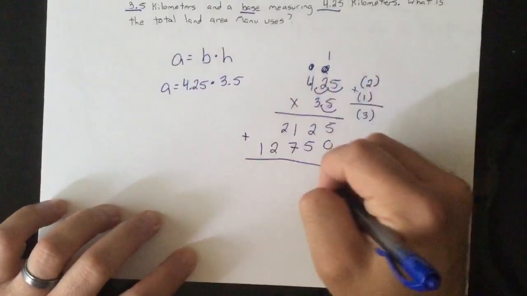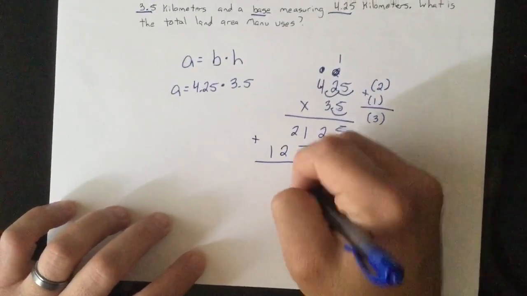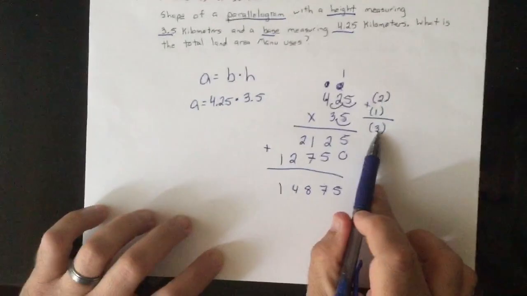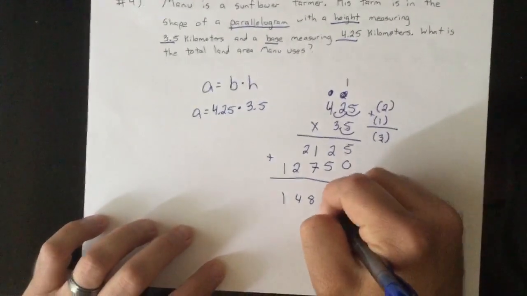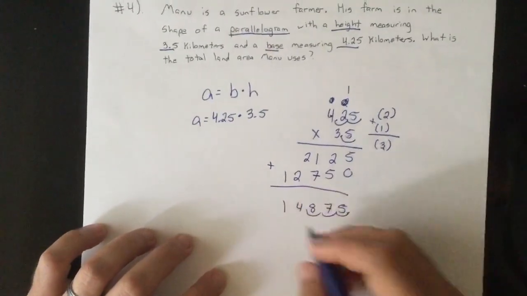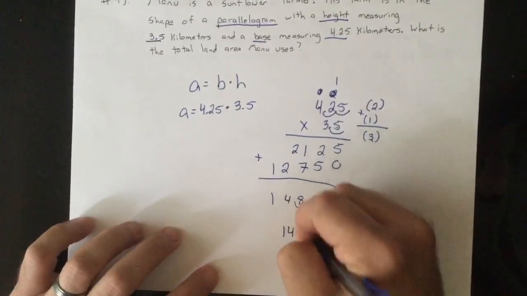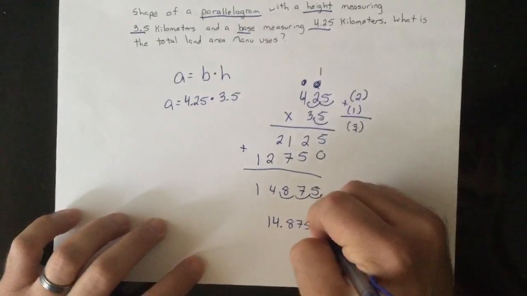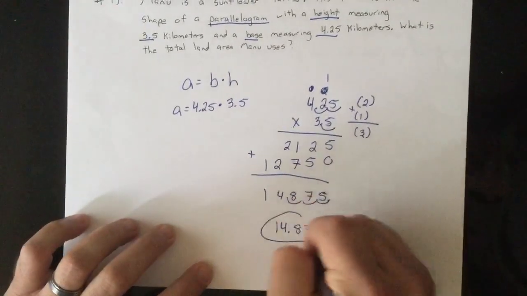Add straight down. But remember, move your decimal back 3 times. 1, 2, 3. You should have gotten 14.875 kilometers squared.